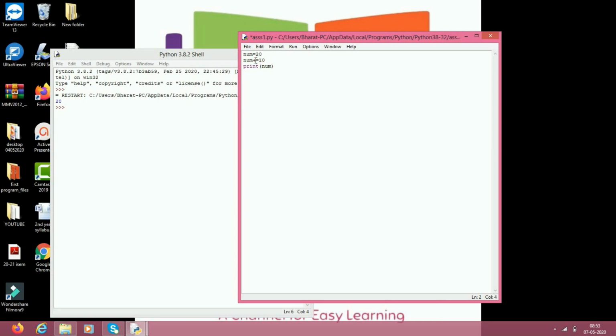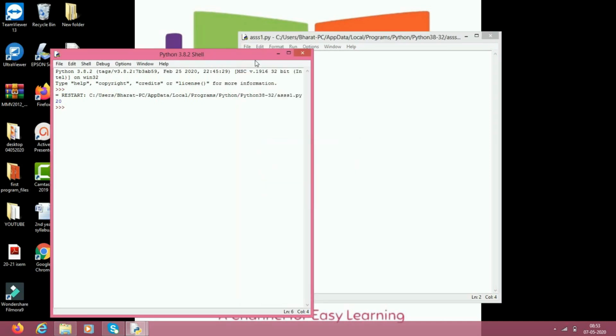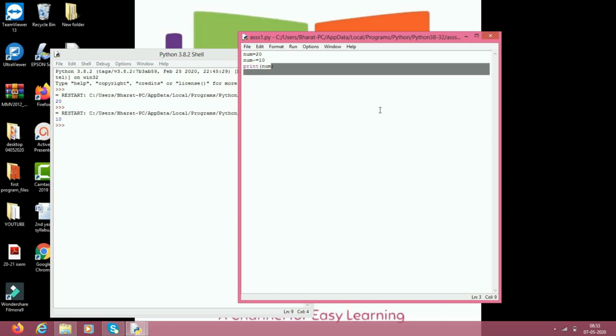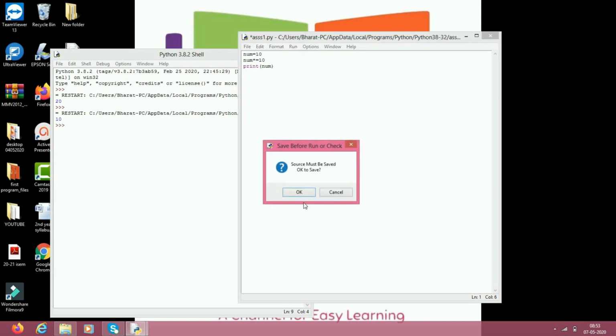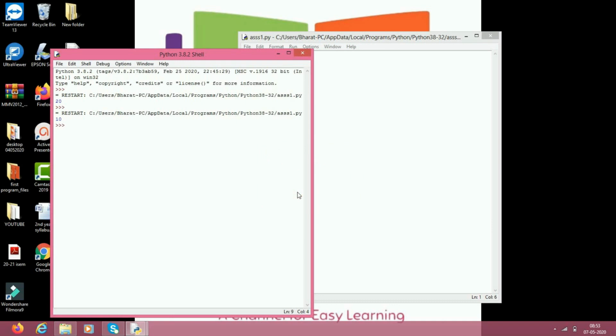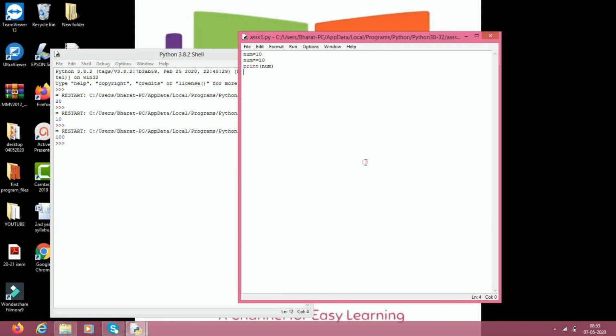I am applying the minus equals operator. 20 minus 10 returns 10. Yes, the next operator is multiplication equals. I am taking num as 10, it returns 10 times 10, 100. Next, division equals.